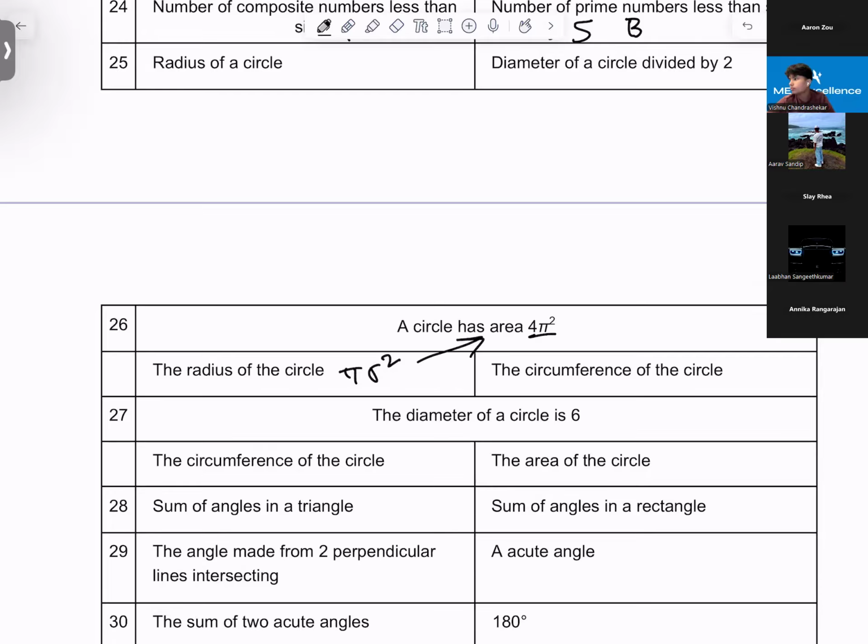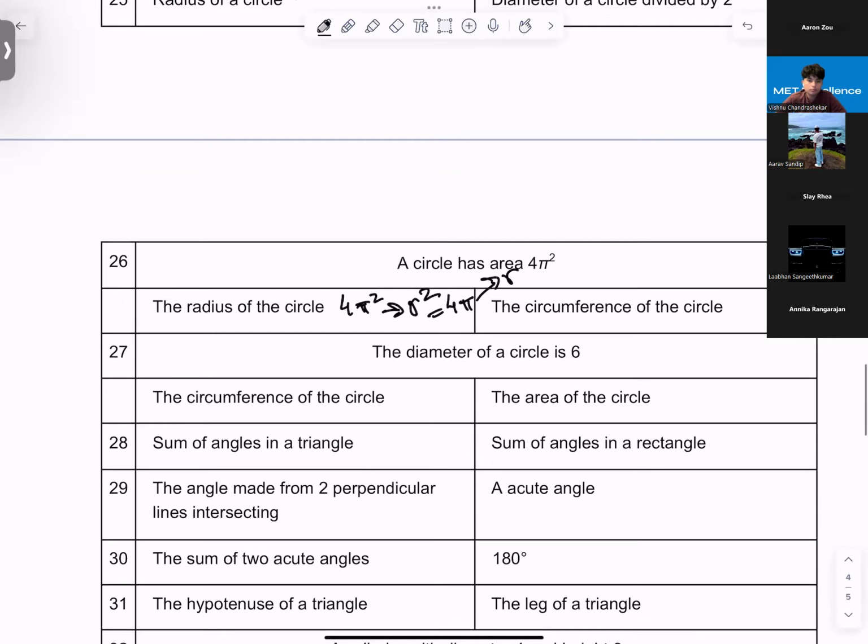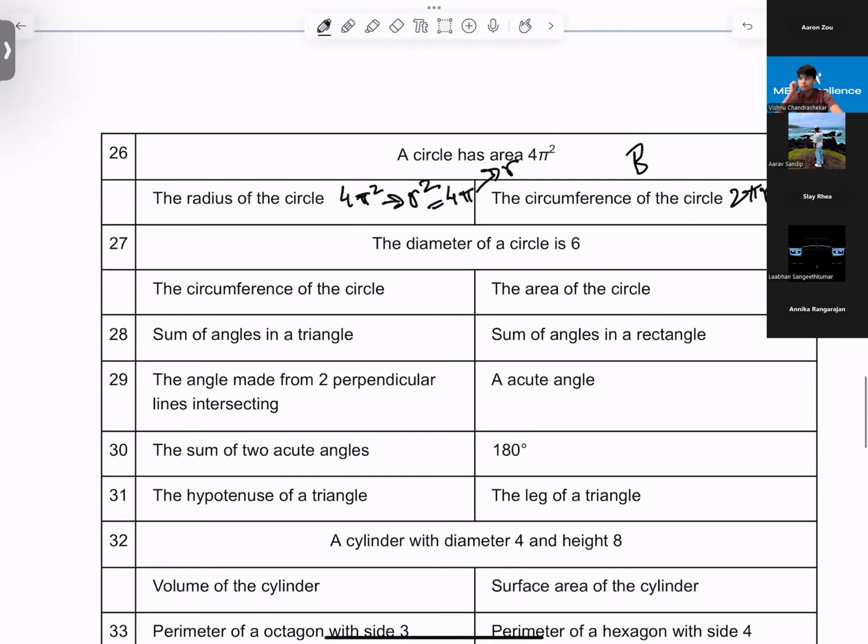So that's R. So 4 pi is R. Then the circumference is 2 pi R, which is 22. So the answer is B.